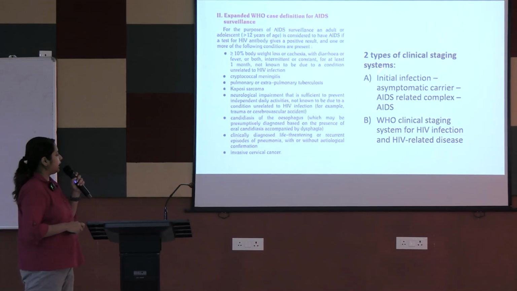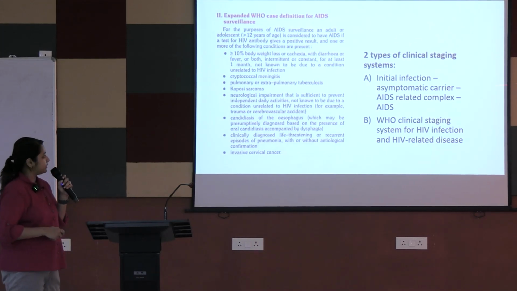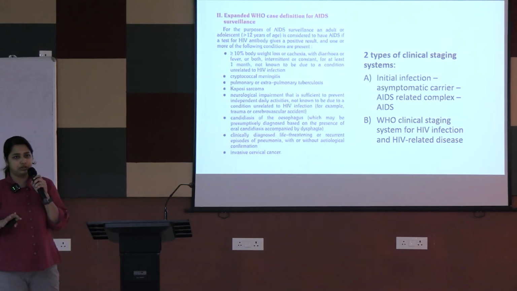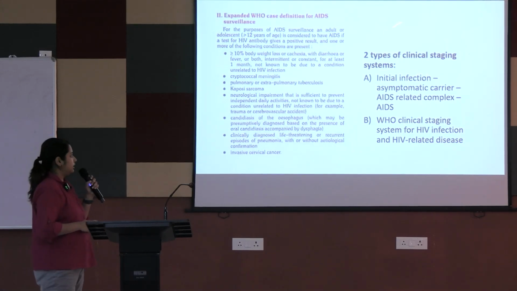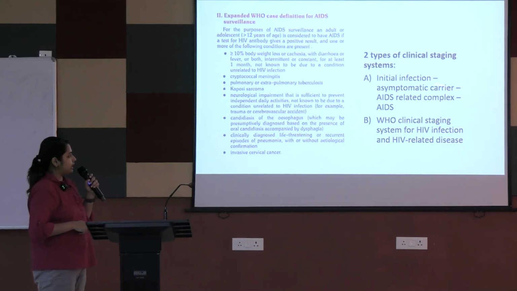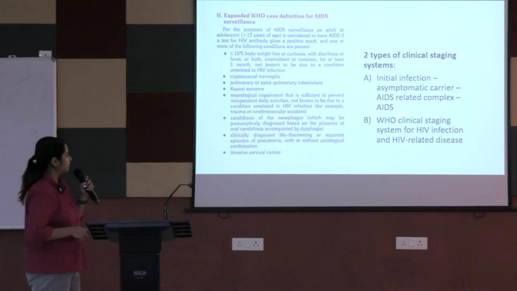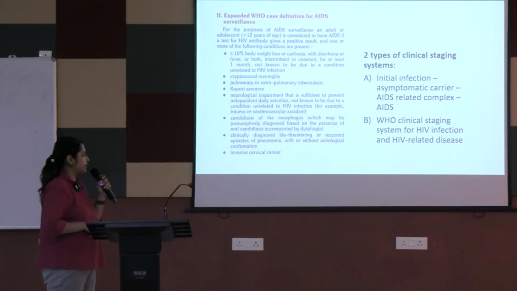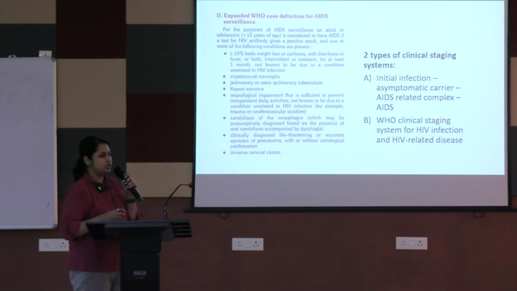There are again 2 types of clinical staging systems. You can classify them according to their pathological characteristics, that is the initial infective phase, then the asymptomatic carrier phase, then AIDS-related complex, and finally they are developing AIDS. Or you can use the WHO clinical staging system for HIV infection and HIV related disease. This is there in the book.